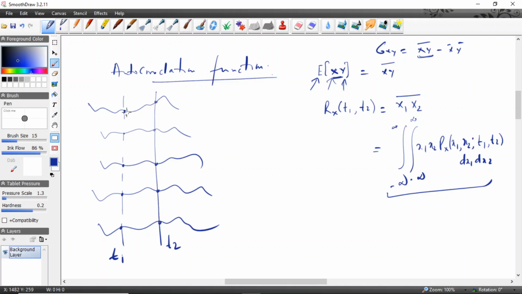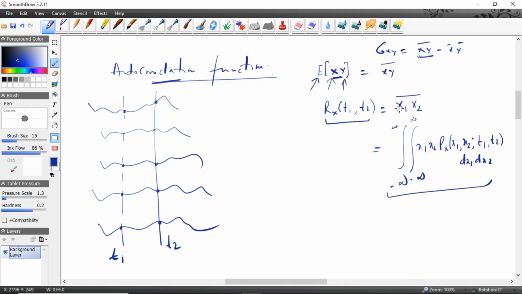That is what is cross correlation. But since these two samples come from the same process, both random variables being generated from the same random process, we call it the autocorrelation function instead of cross correlation. And this is the same equation, only that instead of x, y bar, I am using x1, x2 bar, where x1 is the random variable you get from the random process at time t1, and x2 is another random variable you get from the same random process at time t2.